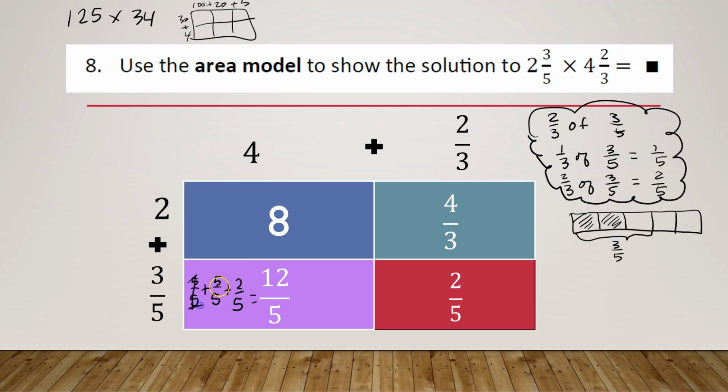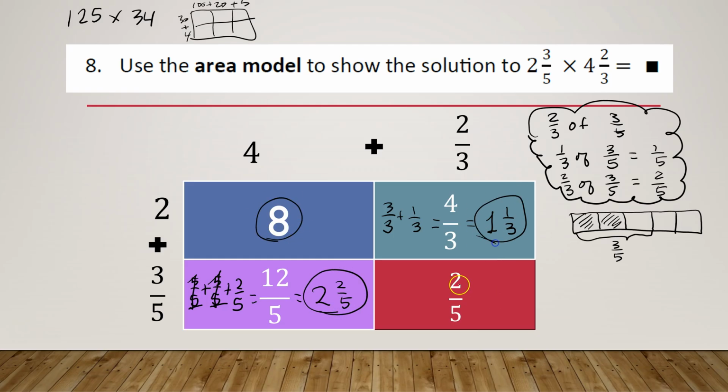So this is 1, 1, and 2/5. So this is 2 and 2/5. This is the same as 3/3 plus 1 more third. So that is 1 whole and a third. So we would say 8 plus this, plus this, plus that.